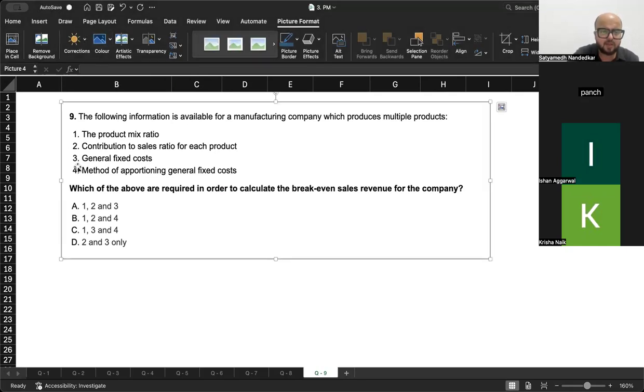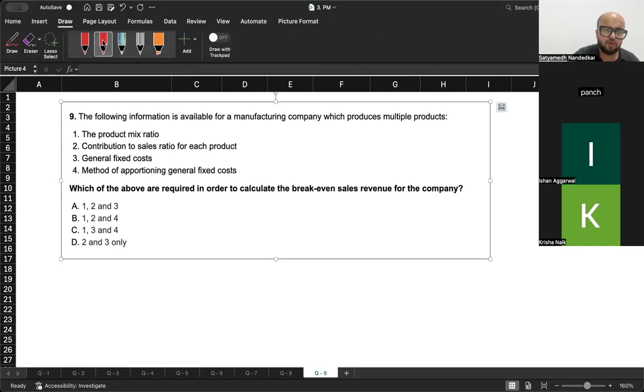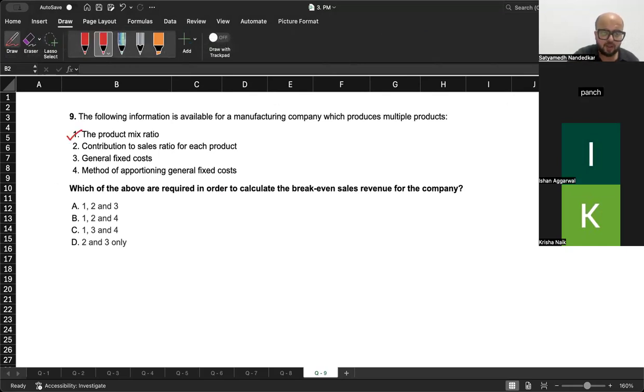See, you need for a company which makes multiple products, multi-product BEP is total fixed cost divided by weighted average CS ratio. For weighted average CS ratio, what all will you need? You will need product mix. You will need contribution to sales for each product, and you will also need the general fixed cost.